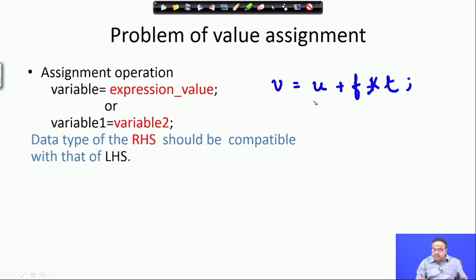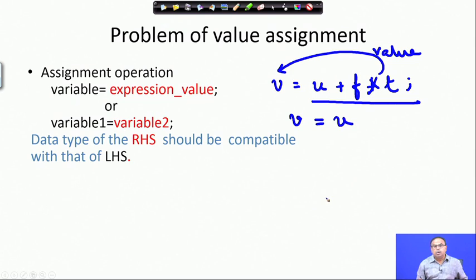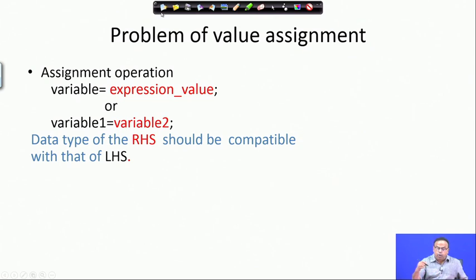The expression is first computed and the value goes to v. On the other hand, I could have done v assigned u, that means the value of u goes to this variable. Here the value of an expression, here just the value of a variable. But the most important point is that the data type of the right hand side should be compatible with that of the left hand side.